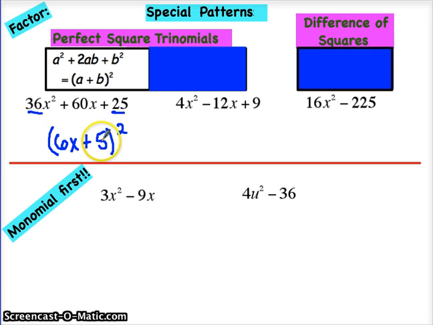And 6 times 5 is 30, times 2 is 60x, and I would say that 6x plus 5, the quantity squared, does work.